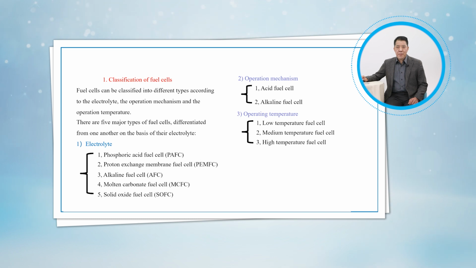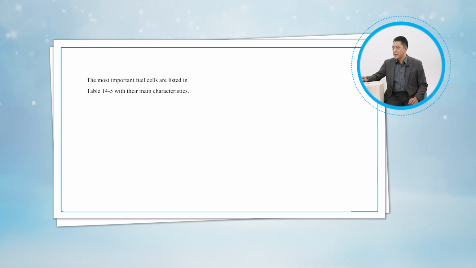There are 3 major types of fuel cells according to their operation temperatures. The most important fuel cells are listed in Table 14.5 with their main characteristics.